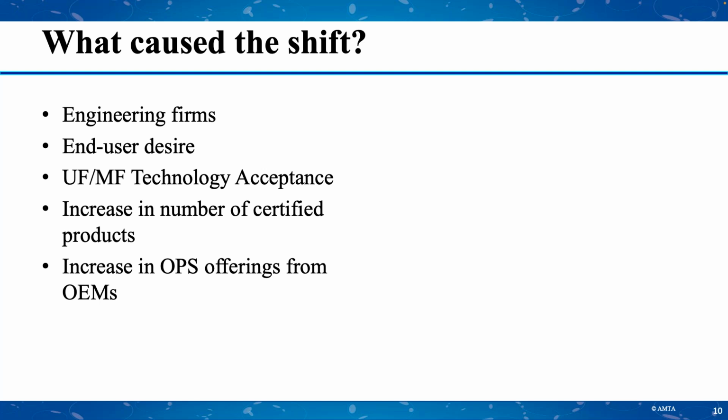So engineering firms were a very strong force in this whole thing. If you go back and look at presentations that were delivered in our industry conferences around this period, you'll find a lot of material on the topic.